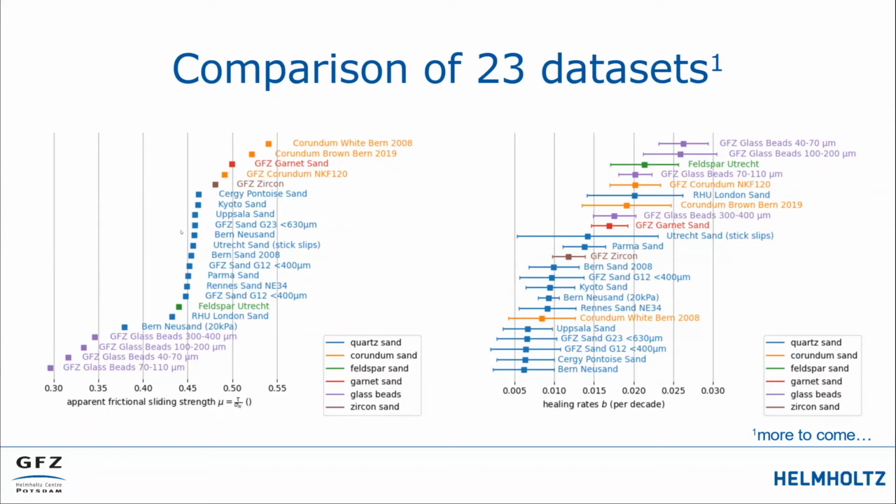All the sands are together in their frictional sliding strength, but also there is some spread between the individual healing rates. But we can say that at least sand doesn't have a very high healing, but there are other materials that are commonly used that can have quite high healing.